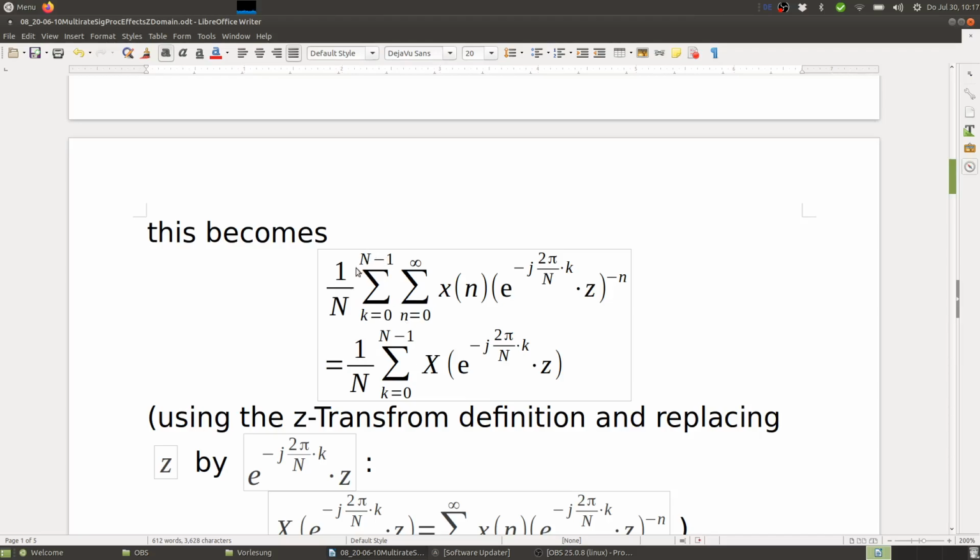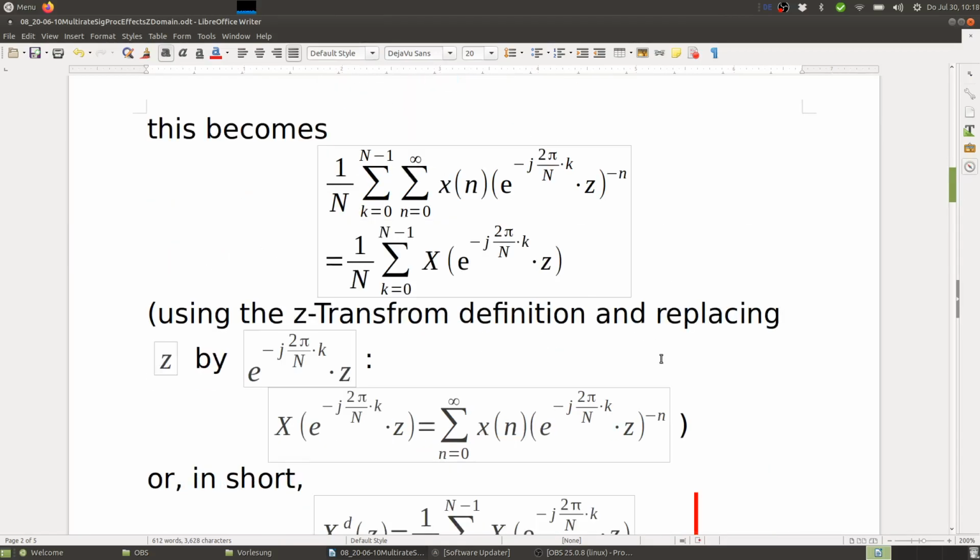And then this outer sum remains from our sum of the unit pulse train. So now we have N summands starting from k equals 0 up to capital N minus 1, and each of those summands represents a Z-transform, but a modified Z-transform with this e to the minus j 2 pi over N times k.